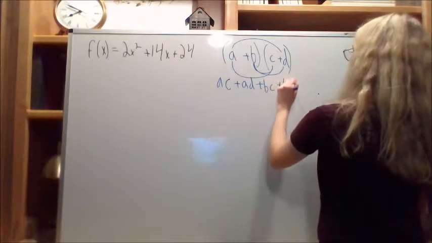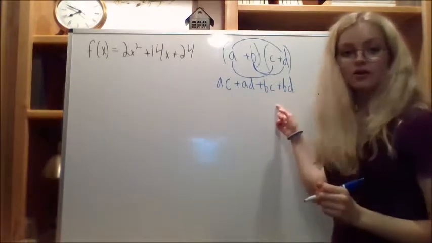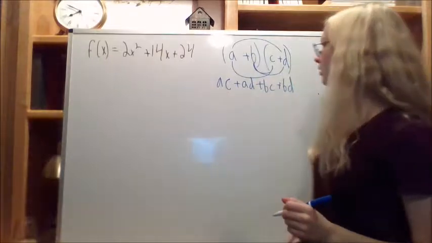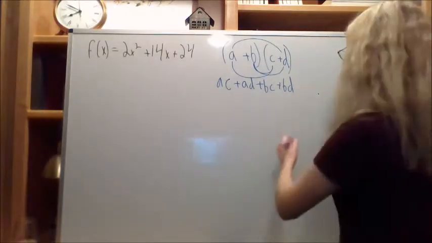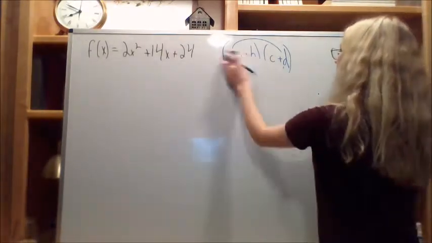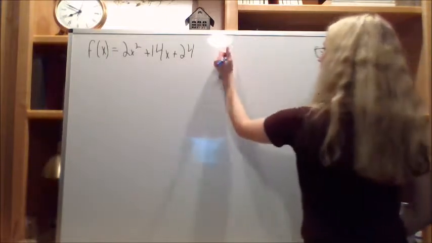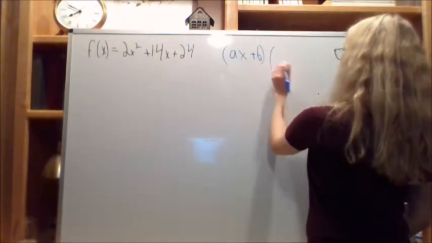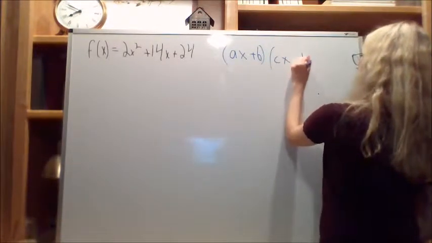So b d. If we want to factor a polynomial of degree 2, we need to consider (ax + b) times (cx + d).